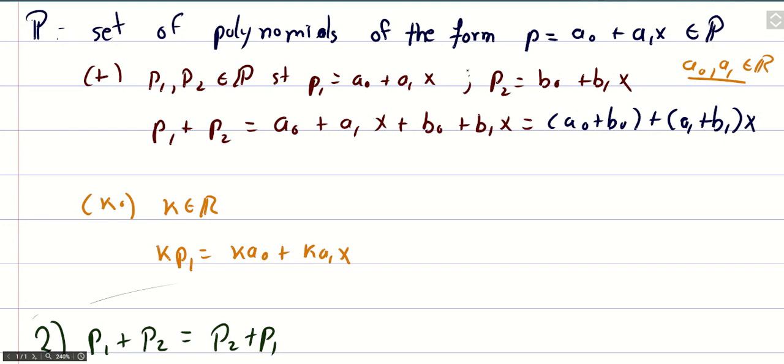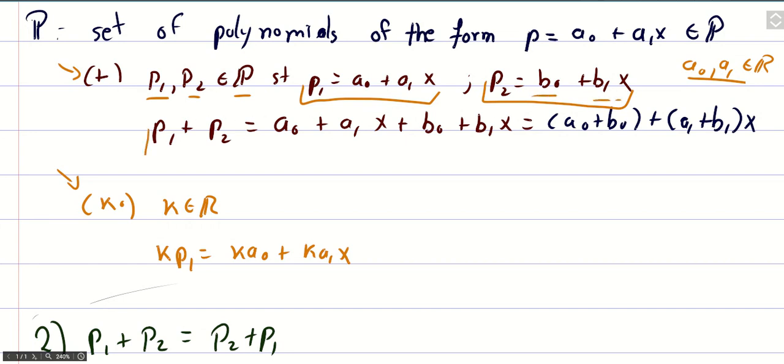Okay? So this set is going to be equipped with the summation and scalar product in the traditional way. So given two polynomials on this set P, we're going to define the first polynomial as a0 + a1x and the second polynomial as b0 + b1x.